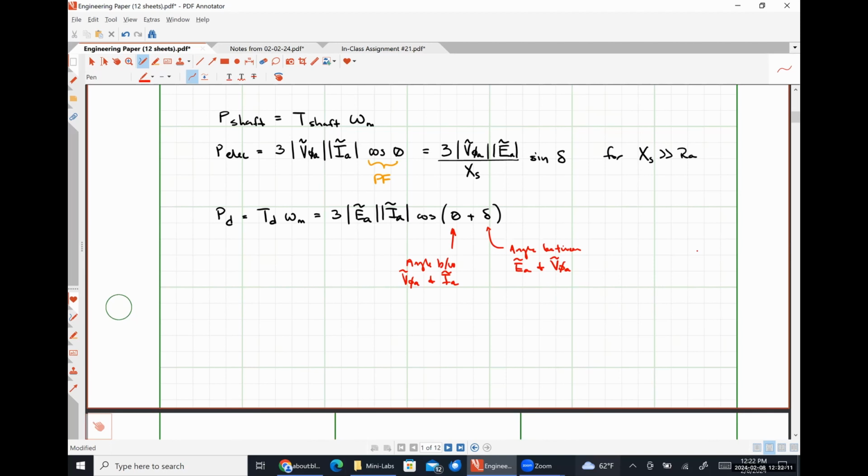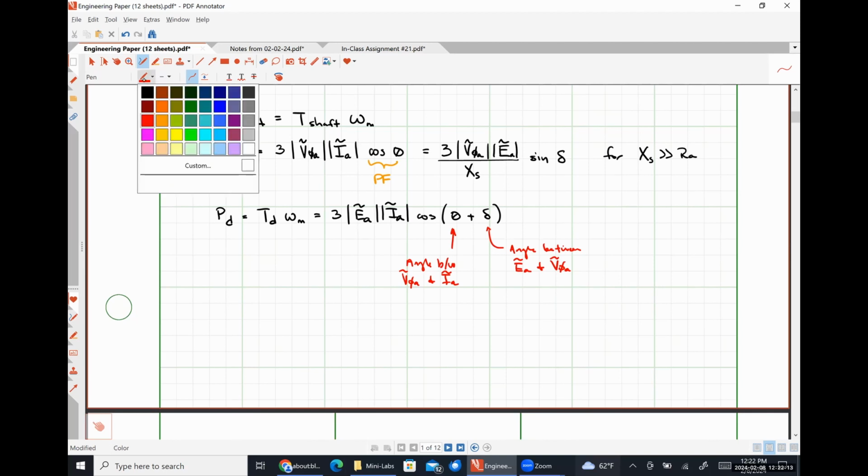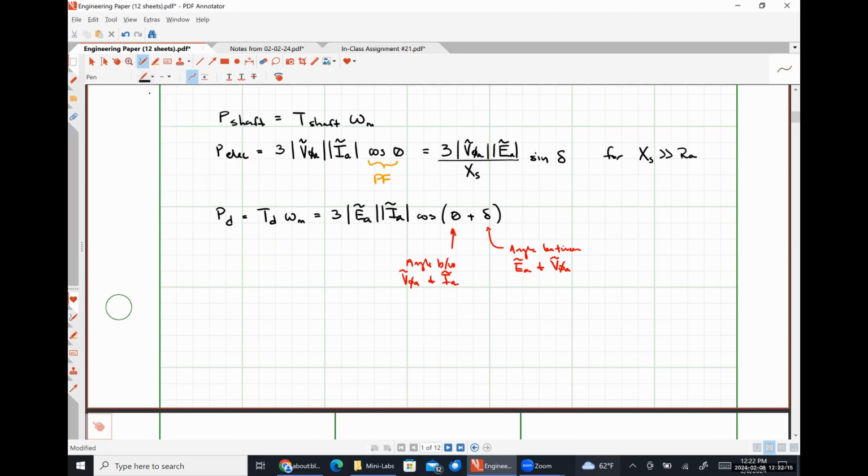From this relationship, we can see that our developed torque, TD, is just our developed power divided by omega m.